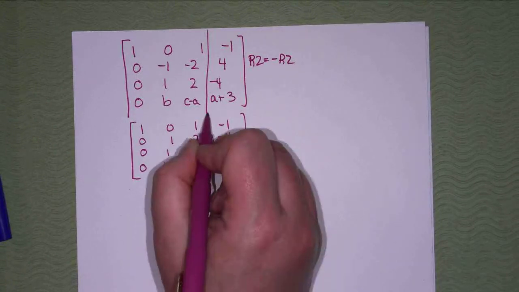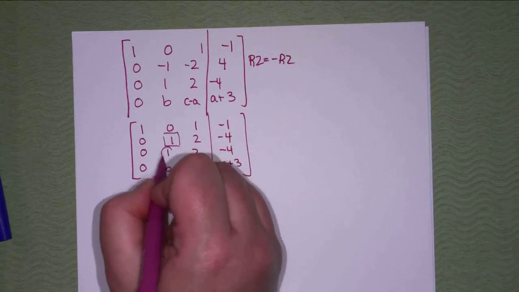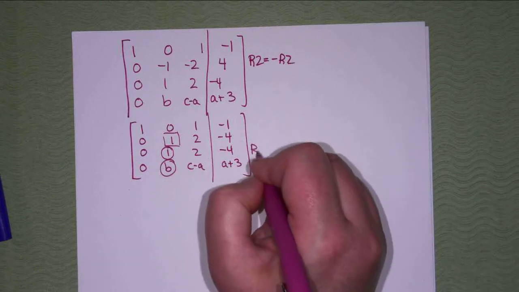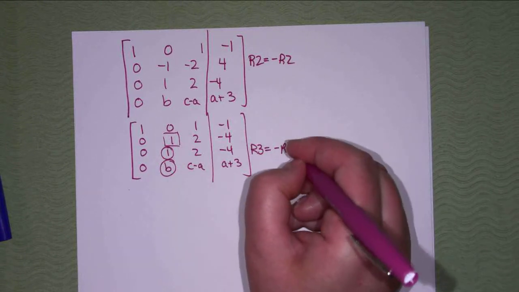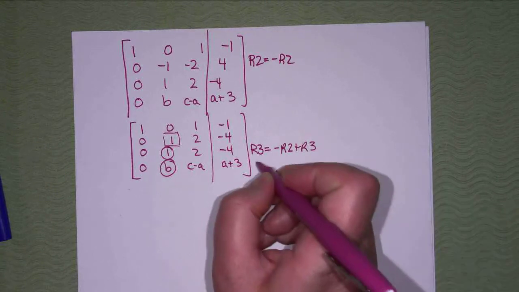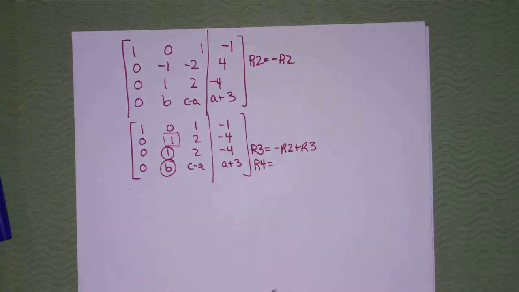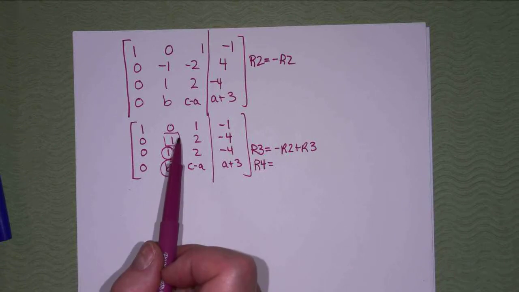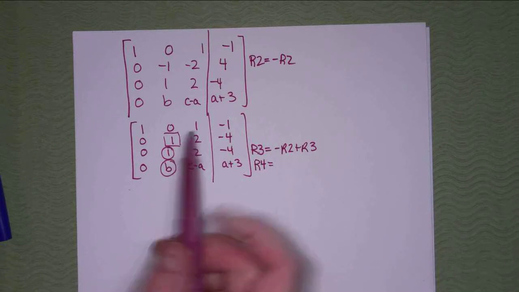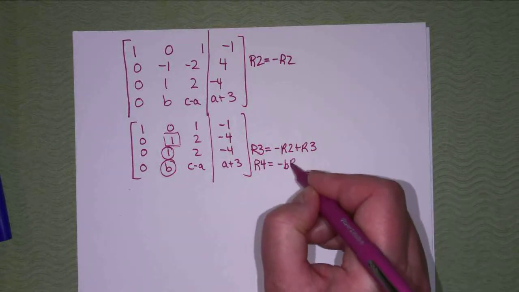Okay, so we've made that into a 1. These need to be zeros. So this one's in row 3. It's a 1. That needs to be a negative 1. And row 4. All right, so what about row 4? That's a B. The 1 would have to be a negative B. So negative B row 2 plus row 4.